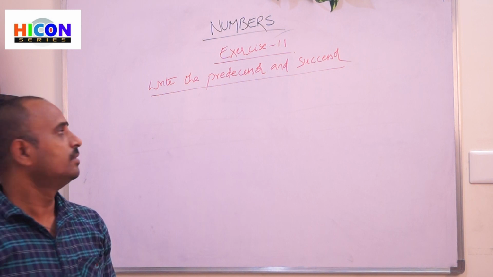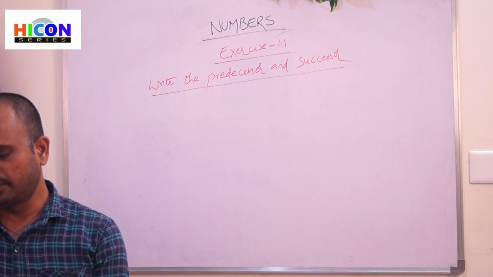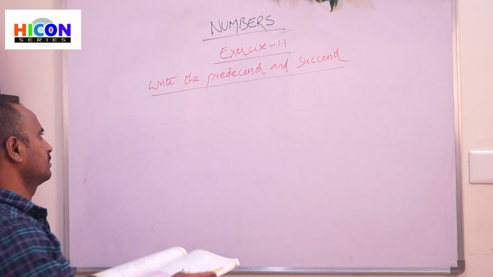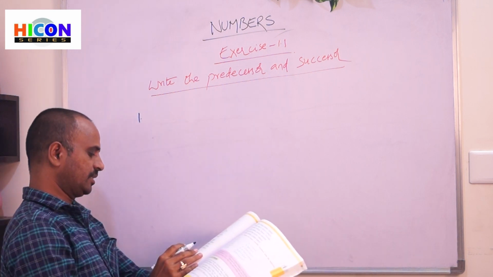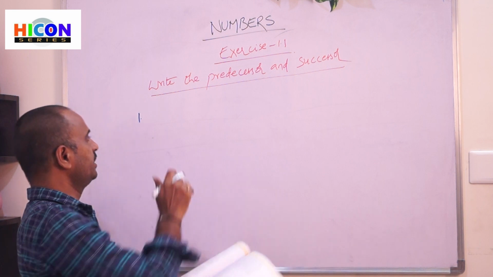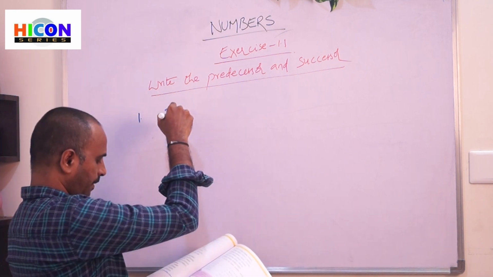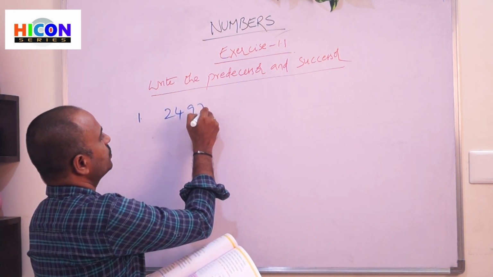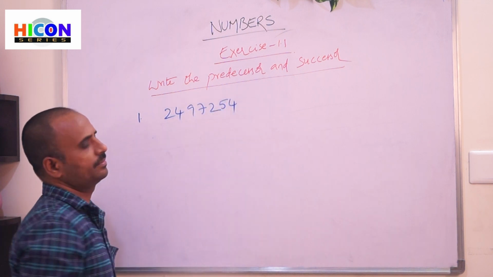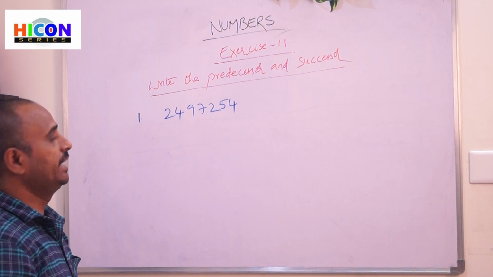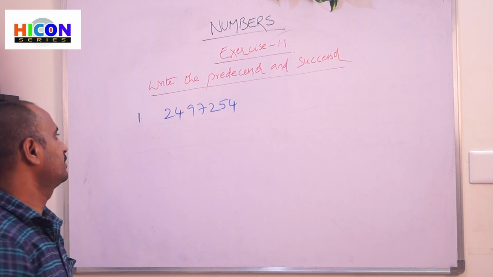So note down some problems. Let us take some problems. The first one is 24 lakh 97,254. Write the predecessor and the successor.